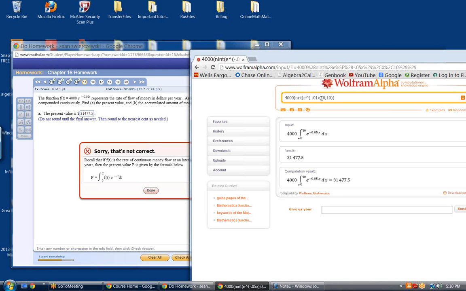Okay, so I'm going to go back and put in another e raised to the minus 0.04, just in case. I can't imagine that that's going to make a difference. We got e to the minus 0.01x, e to the minus 0.04x.